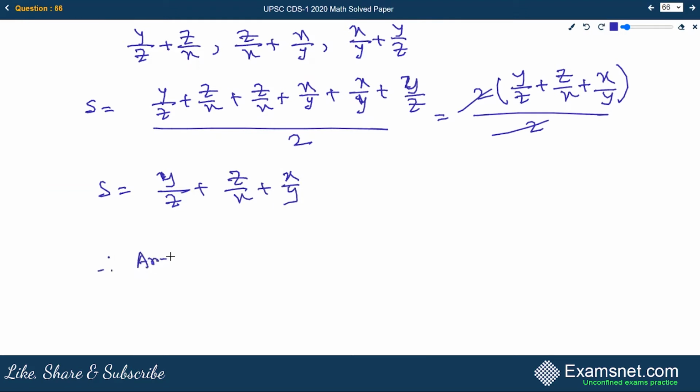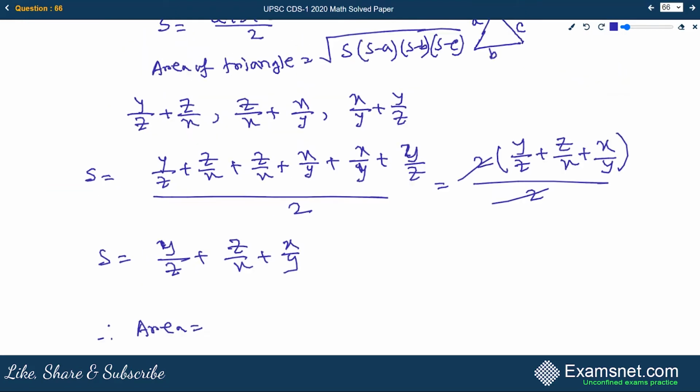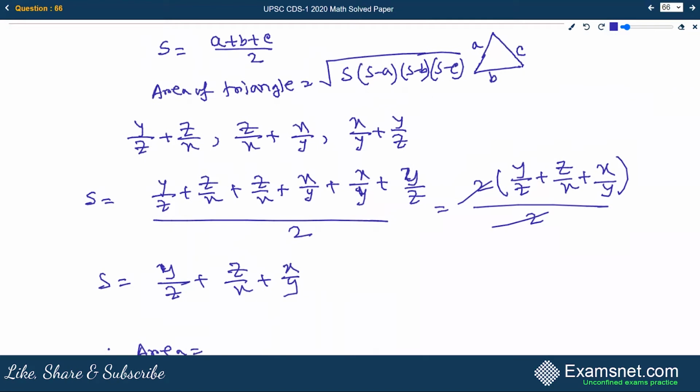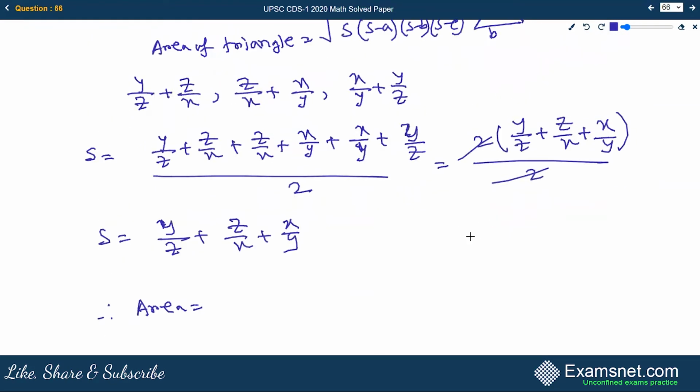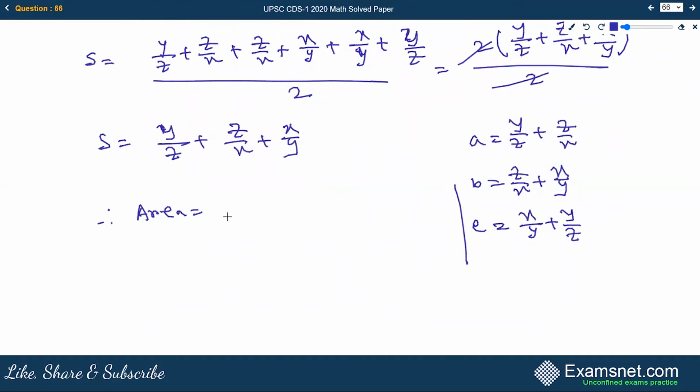Therefore, for the area we will use this particular formula, root under S of S minus A. Here A is y by z plus z by x, B is z by x plus x by y, and C is x by y plus y by z. Now root under S, that is y by z plus z by x plus x by y.